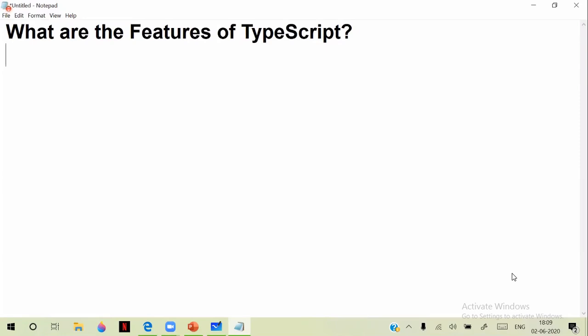Technically, TypeScript is for developers. It transcompiles everything into JavaScript. So why do developers prefer TypeScript? Few points we understood. Next, today we are going to understand the basic TypeScript architecture.